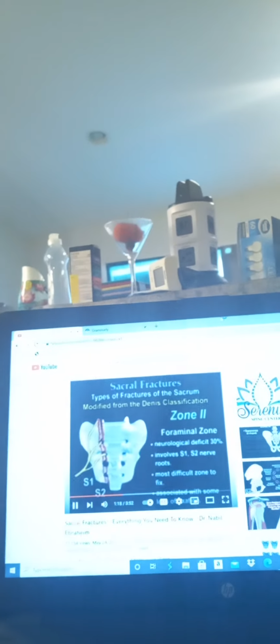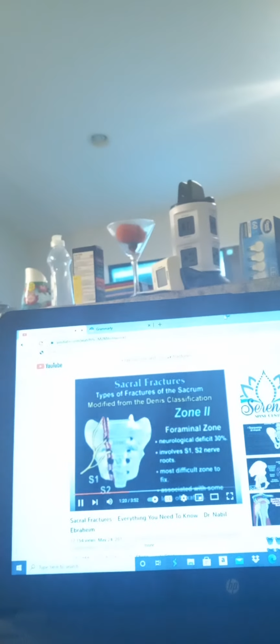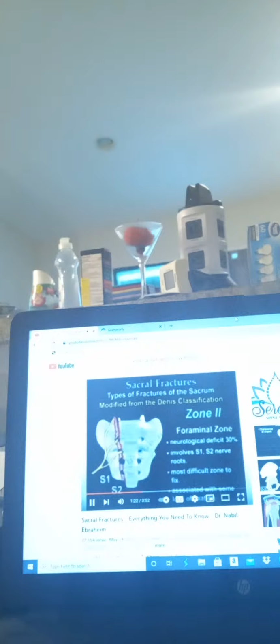Neurological deficit in about 30%. It involved S1 and S2 nerve roots. Most difficult zone to fix is associated with some loss of fixation. Zone 3, fracture involving the central sacral canal. Neurological deficit in about 60 to 100%.